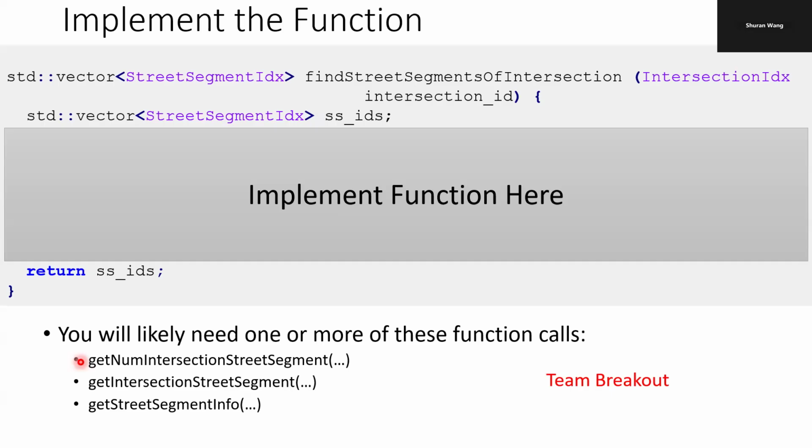So we want to get the street segment IDs of the street segments connected to the intersection and push them into the return vector.